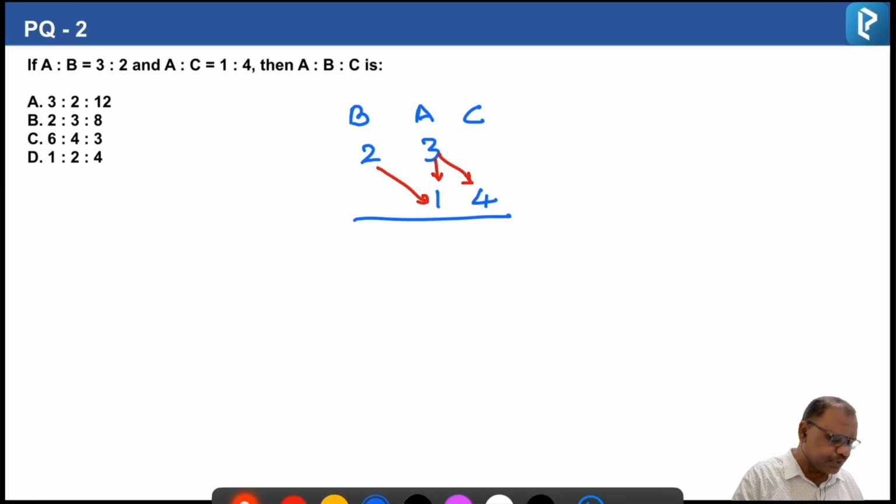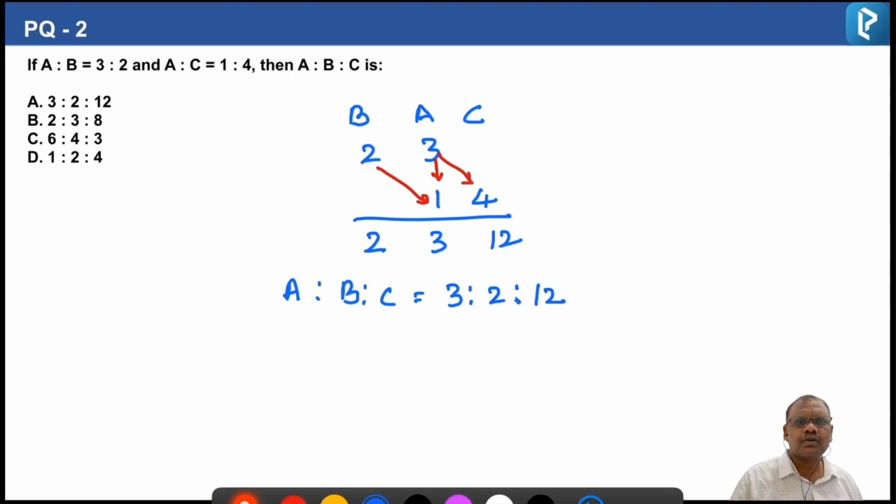So what do we get? 2 times 1 is 2, 3 times 1 is 3, 3 times 4 is 12. So now these are the terms: A is to B is to C is 3 is to 2 is to 12. So out of the given options, A is the right option.